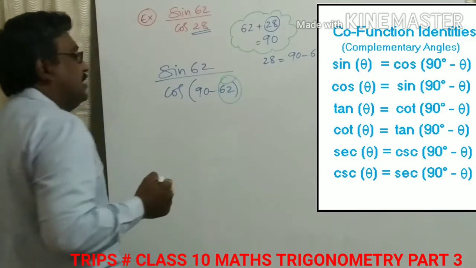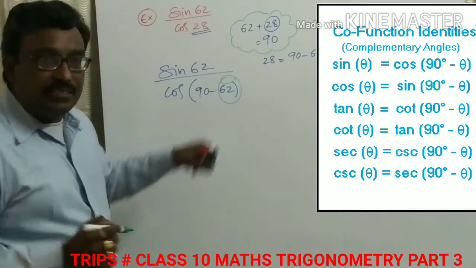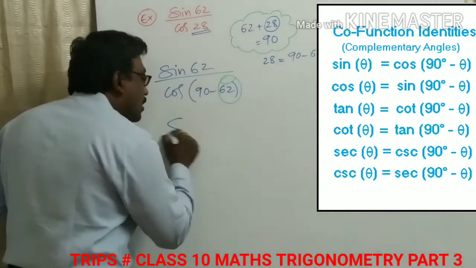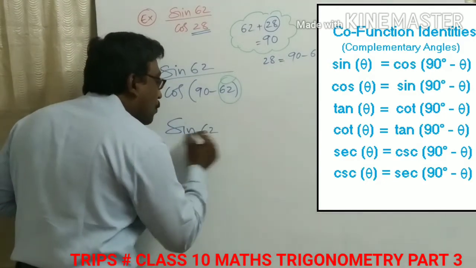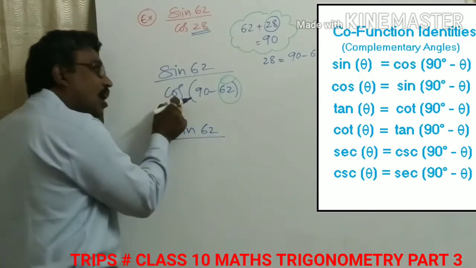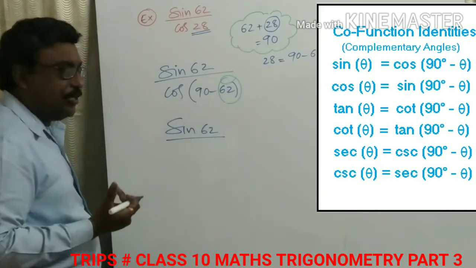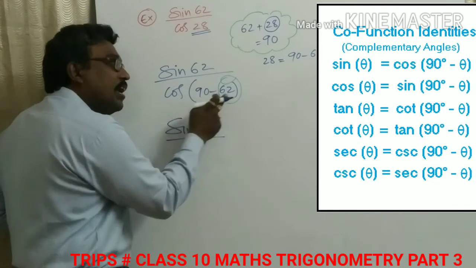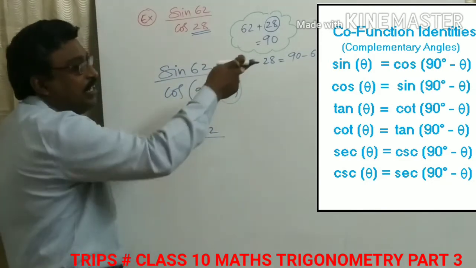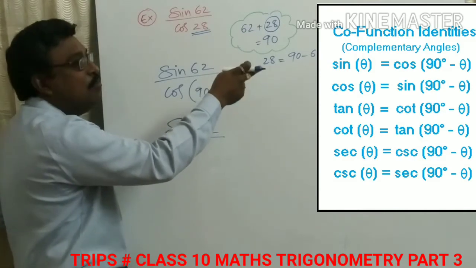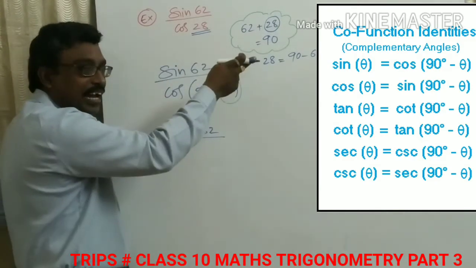Consider 62 is theta, then what is your next step? So sin 62 by cos(90 minus theta). Of course, theta is 62. Look at the table there. Cos(90 minus theta) value is how much? Right, sin.